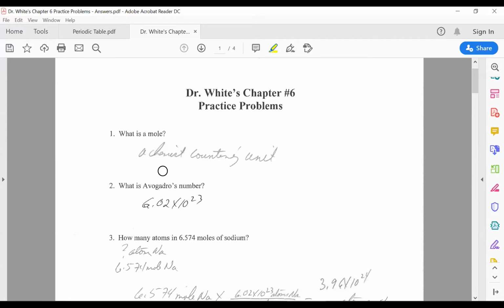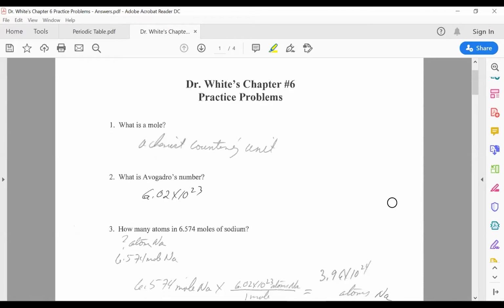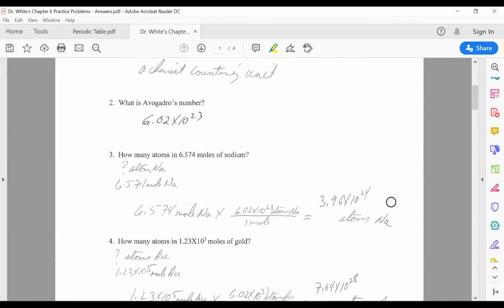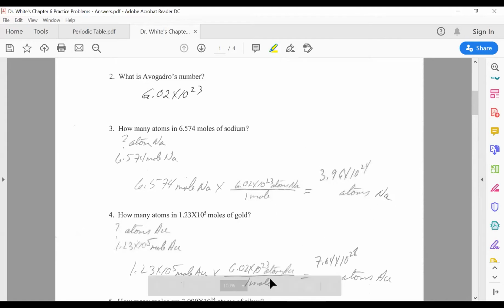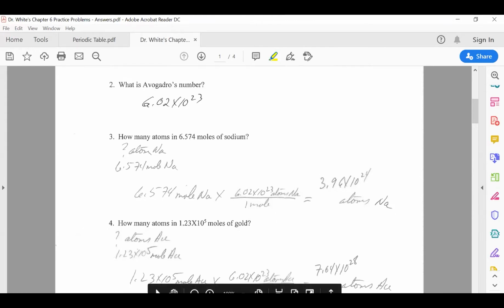Now, you should know, in honor of someone who played an important role, what is Avogadro's number? 6.02 times 10 to the 23rd. Now, the next questions deal with the following concept.